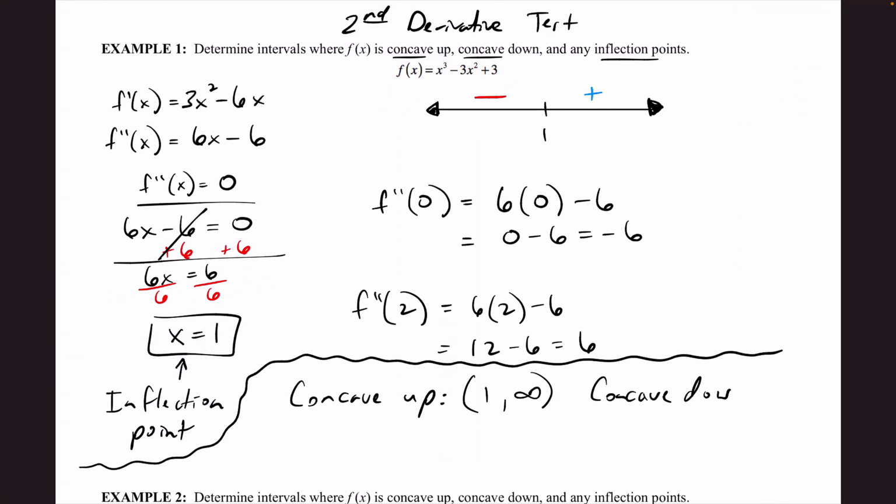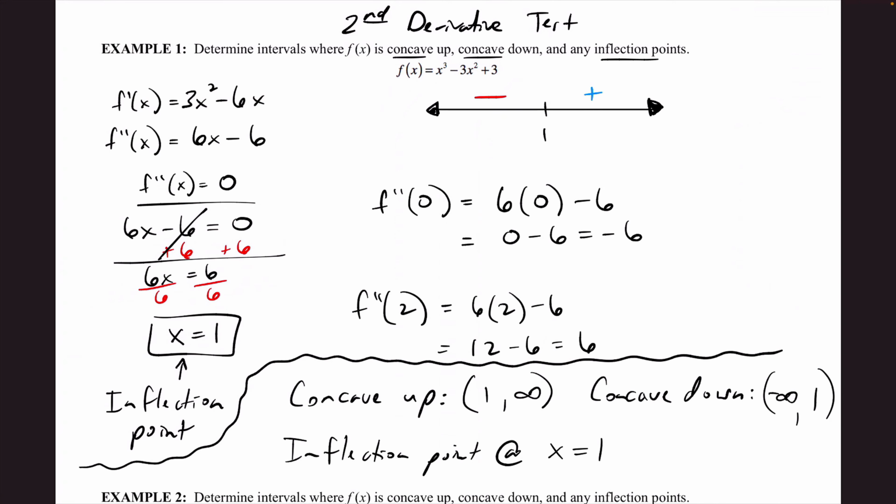Concave down started at negative infinity and stopped at 1. And then inflection point at x equals 1. Done. Okay. The mechanics of this you've done before on first derivative test.